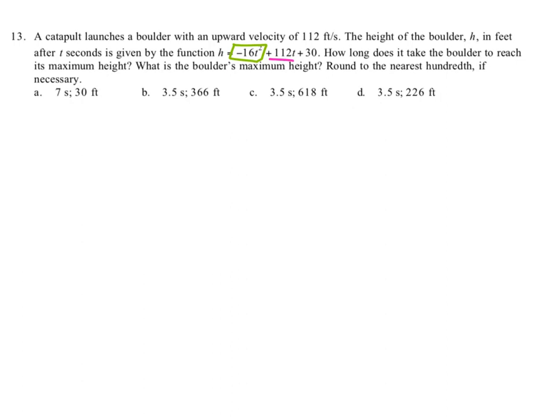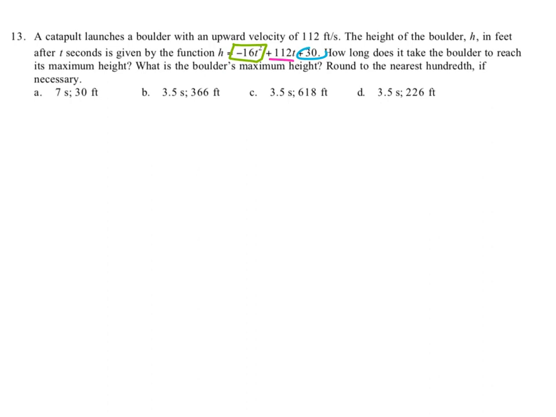Okay, and then this bit of it, the t value and the coefficient of that is the velocity that it's thrown with. And the last bit of this is this plus 30 right here. And what's being represented by this plus 30? That's the whole thing started when it was thrown from 30 feet above the ground.